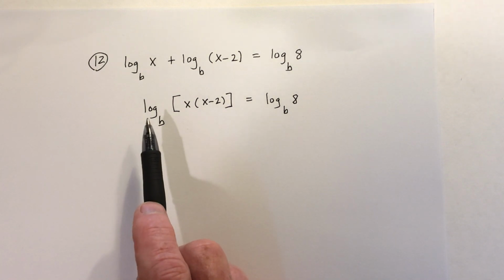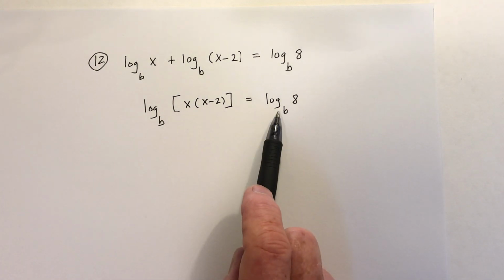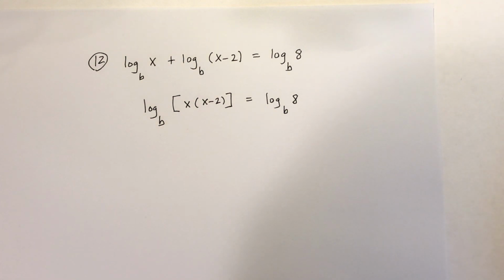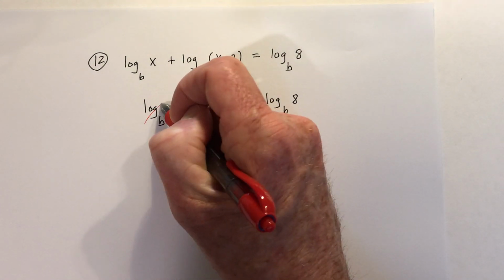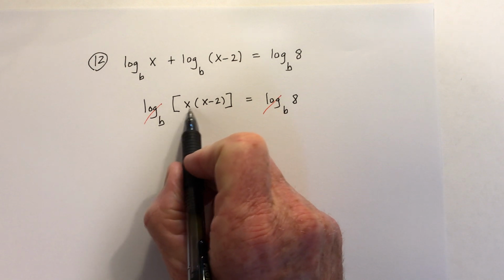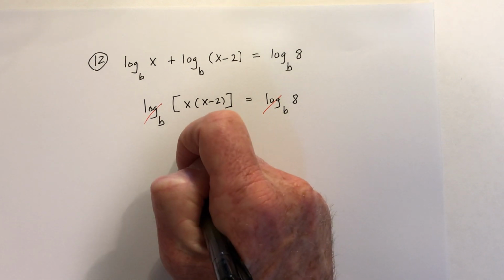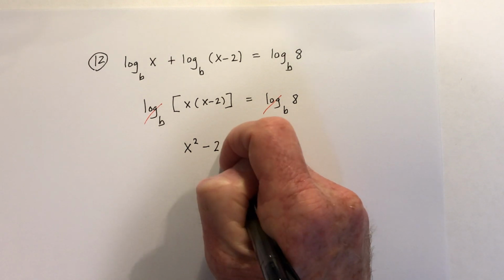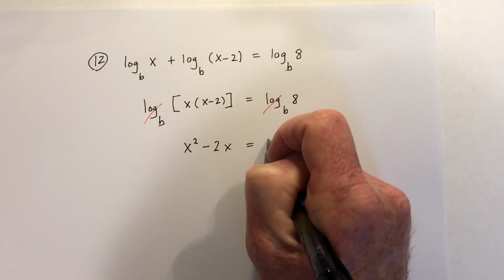And just like in the beginning when I said if the bases are the same, then the exponents have to be the same. Or the other way to look at it is, since this is log base b and this is log base b, they're going to cancel each other out. So all we're left with is this, and I'm going to go ahead and multiply that out. So that's going to be x times x, or x squared, minus 2x equals an 8.